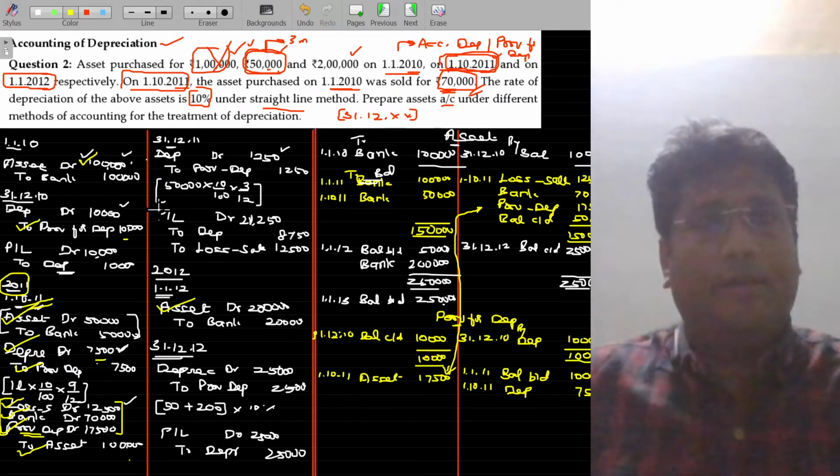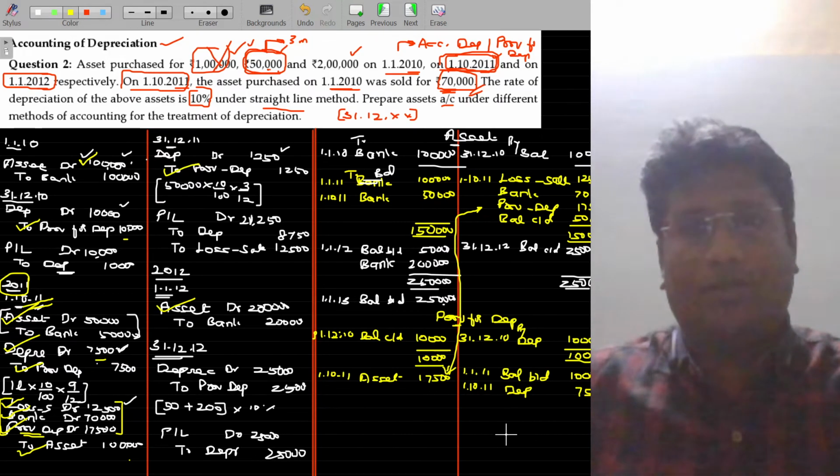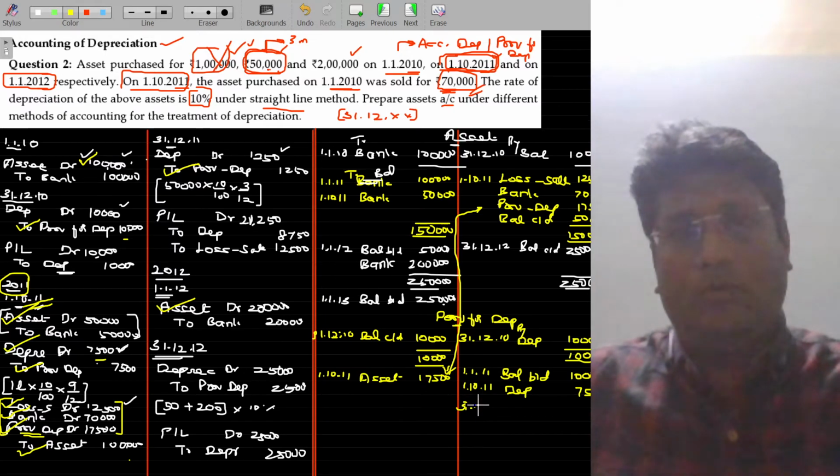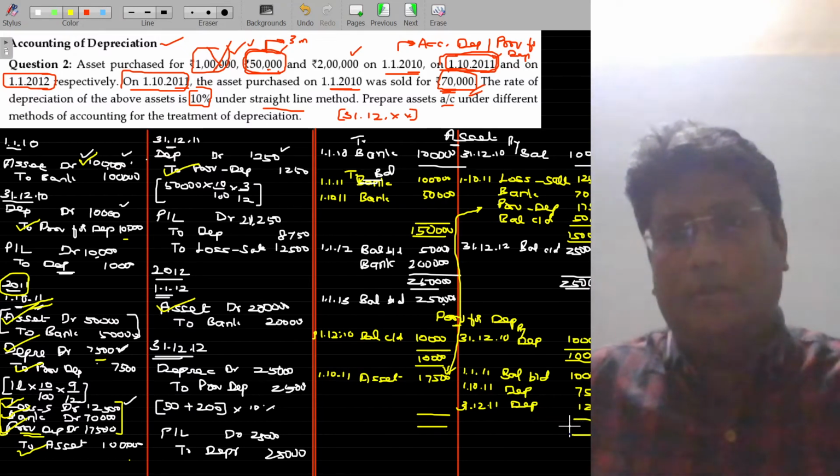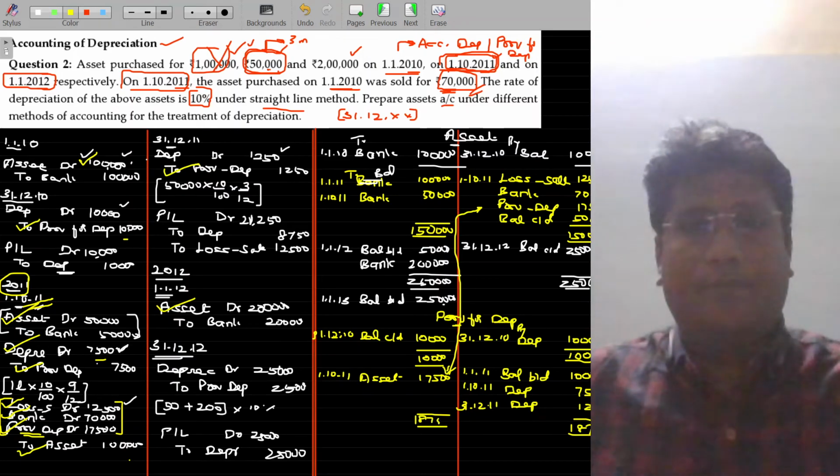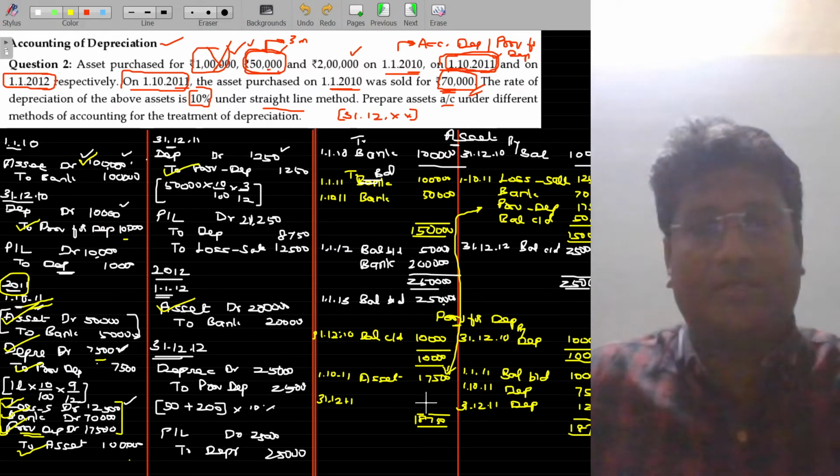And at the year end, we again create one more depreciation. 31/12/11 depreciation, this value being 1,250. This year is over. Now finish up tallying this. The value being 18,750 on the year end, 31/12/2011.